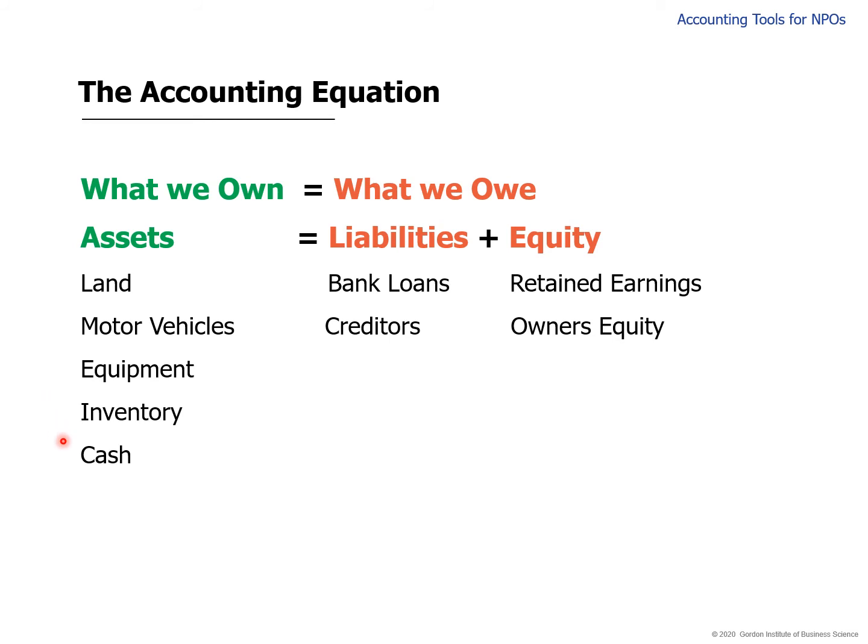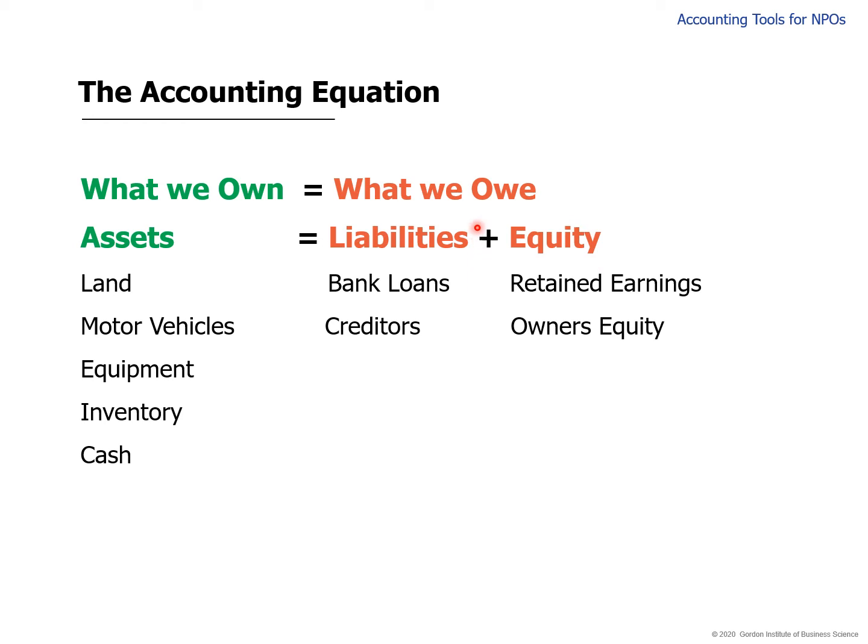These things that we own are owed to someone. And those someones could be third parties, so people outside the organization, which we refer to as liabilities, or it could be owed to people within the organization, which we refer to as equity. So everything we own is either owed to people outside the organization or people inside the organization.